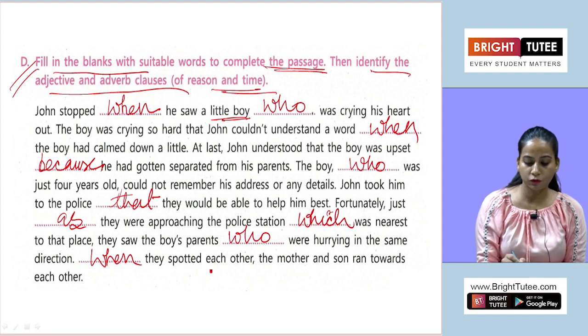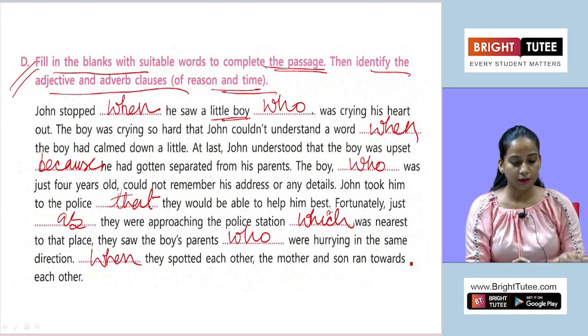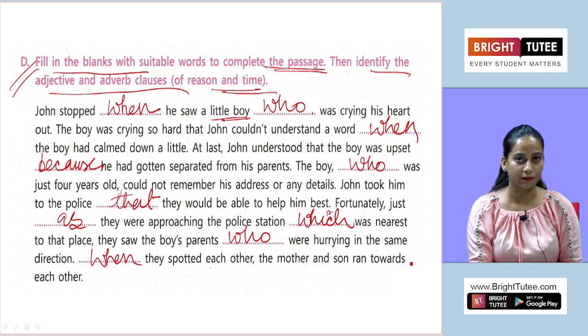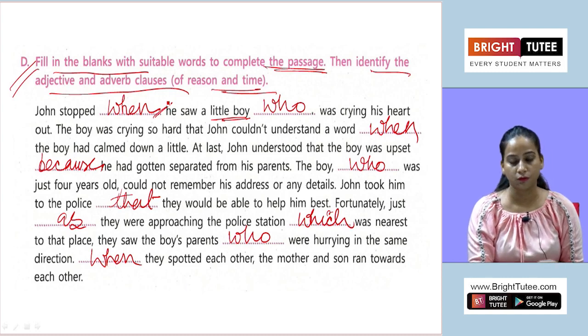When they spotted each other, the mother and son ran towards each other. So these are the different words we have used to fill these blanks. Now we have to identify one by one which particular clause we have used here, whether it is an adverb clause of reason or adverb clause of time. So we need to identify.